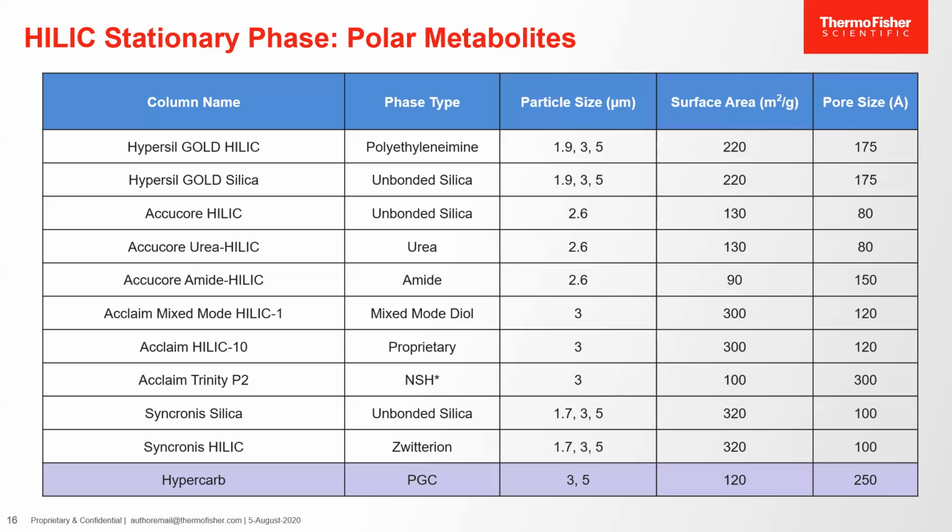That's the whole purpose of this presentation, the phases and the column chemistry. If you need something that's going to work a little better with an amide, probably the AccuCore amide HILIC column would be recommended. Then we would determine whether you want a 2.6, and what size you need based on the length or the internal diameter.